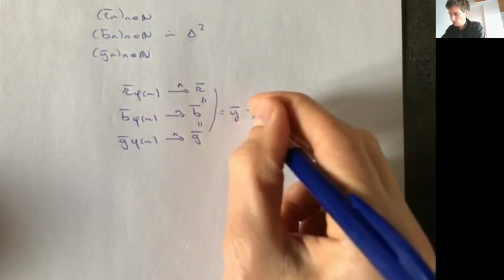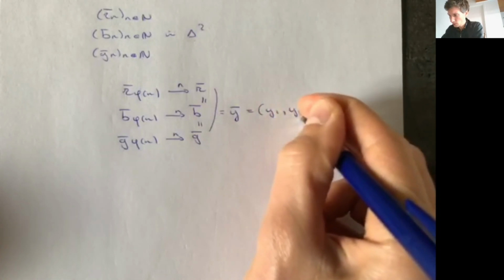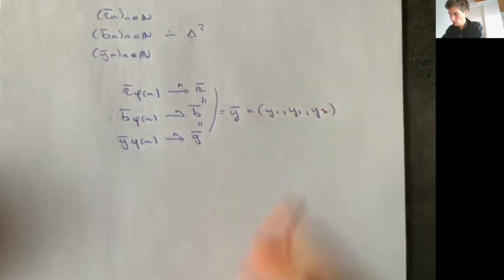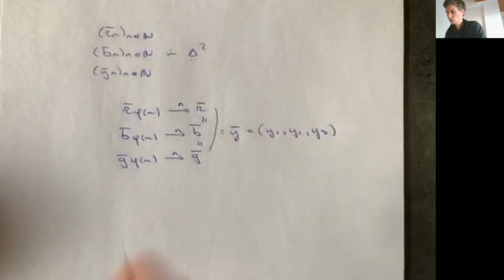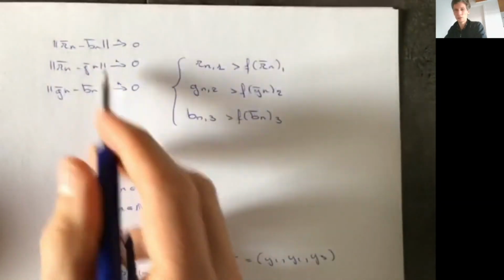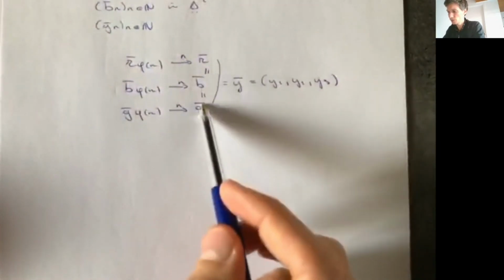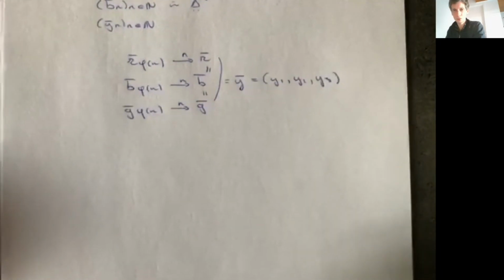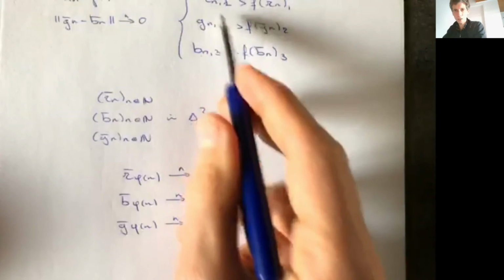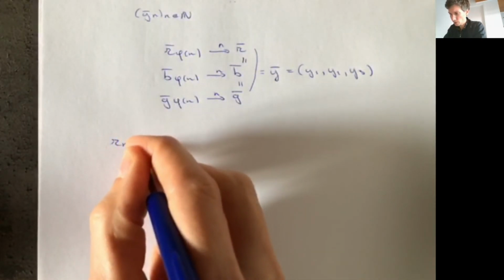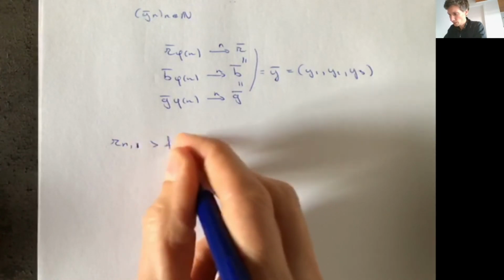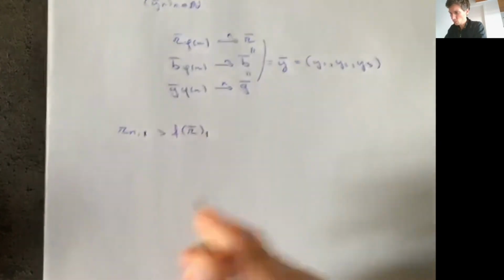And let me call this the vector y to be y1, y2, y3. Okay, so similar to before, I have taken a convergent subsequence and then taking the limit, and actually can show that the limits of these sequences, because they get closer and closer together, converge to the same vector. And now I use the same limiting kind of argument as before. So Rn1 is greater than f of R1.